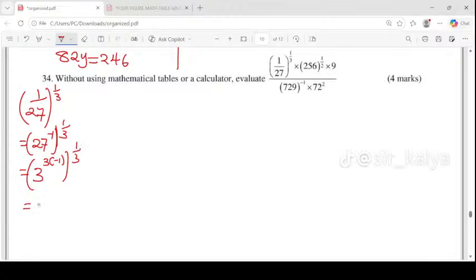So this can be written as 3 power negative 3 times a third.